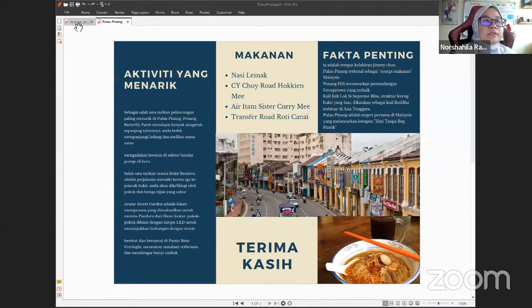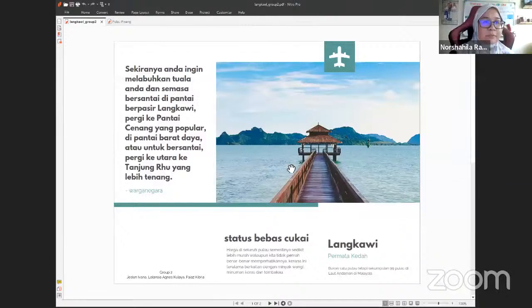And then about Langkawi, they give a little bit of the history about Langkawi, and the famous places that you can visit at Langkawi.